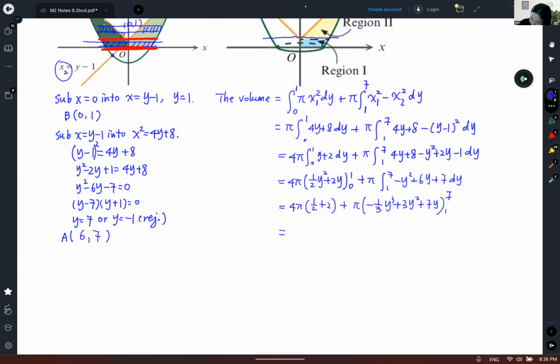More calculation. 4 pi, that's 2 pi plus 8 pi. Plus pi, the first substitution, negative 1 over 3 times 7 cubed plus 7 times 49 plus 49 minus negative 1 over 3 plus 3 plus 7.